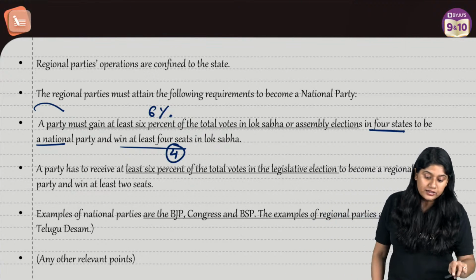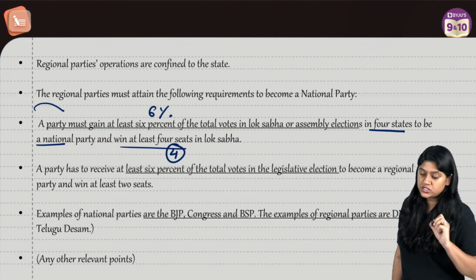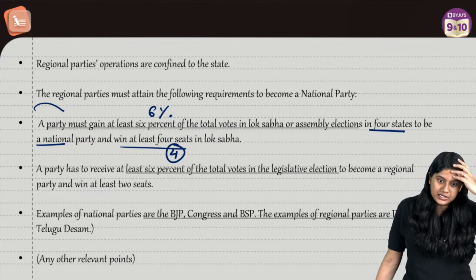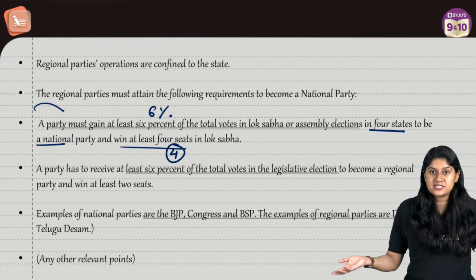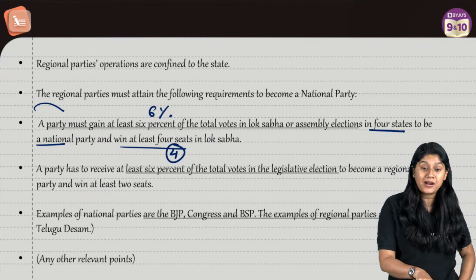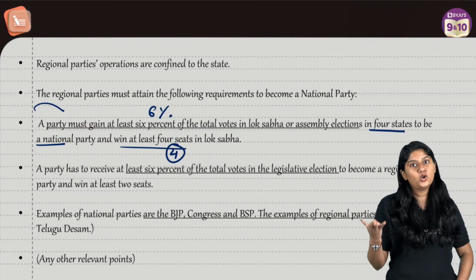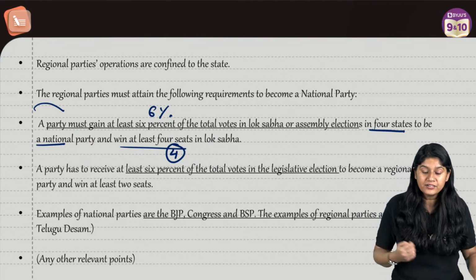Easy, right? They must have at least 6% of the total votes in the assembly election in any of the 4 states, and then they should have at least 4 Lok Sabha seats. Clear?